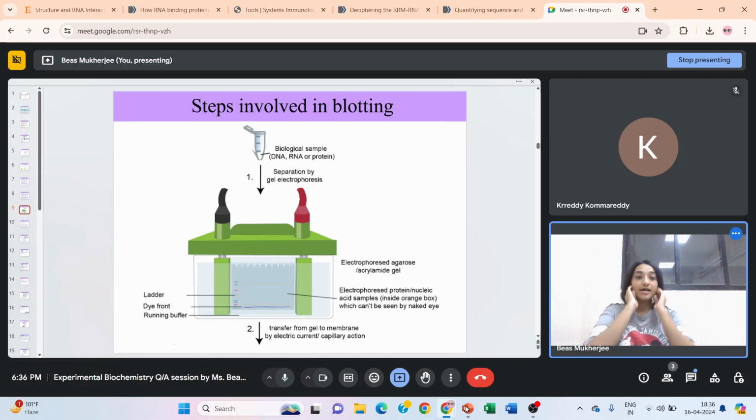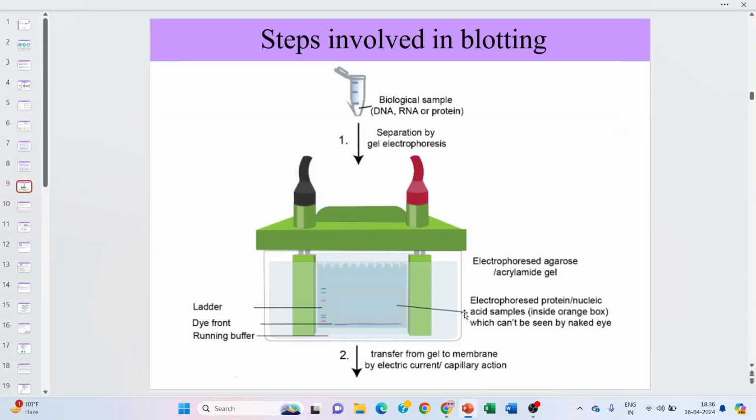Basically, the proteins migrate from the gel to the nitrocellulose membrane based on their charge. Proteins are negatively charged here, and therefore they travel towards the positively charged anode, right? The setup is done exactly so that they migrate towards the nitrocellulose membrane. Now we will look at the entire process in detail.